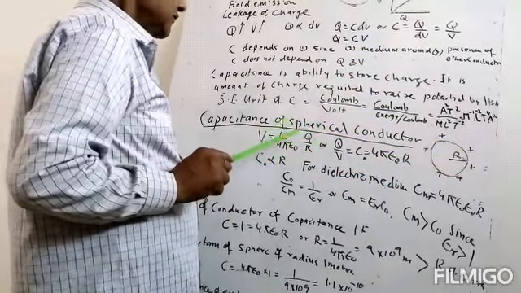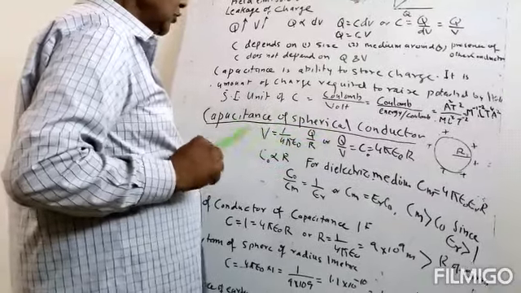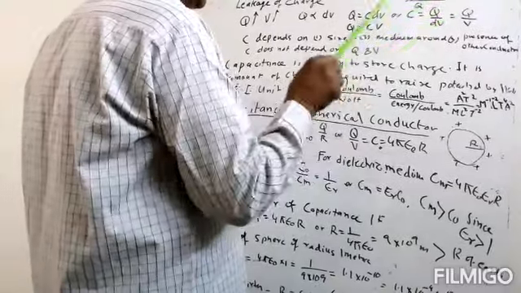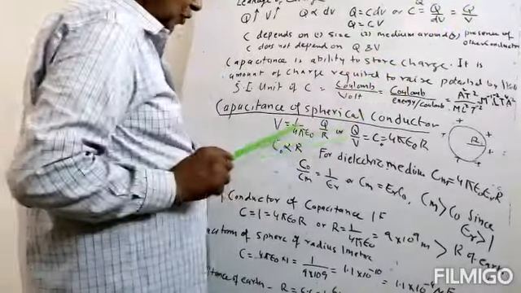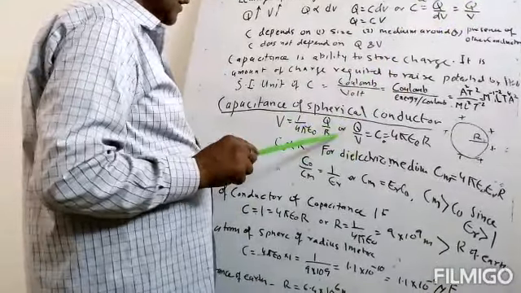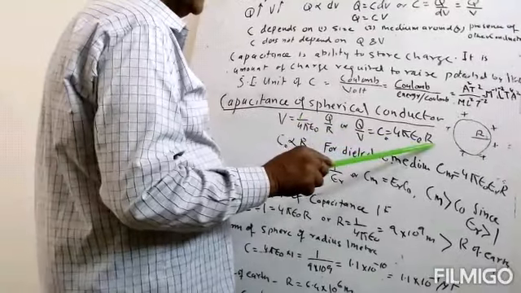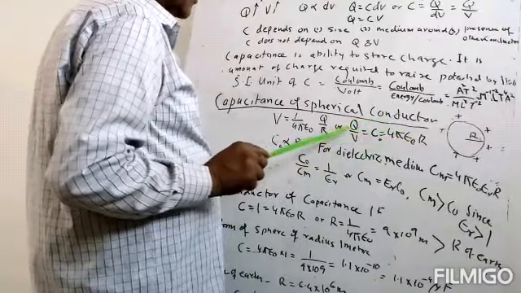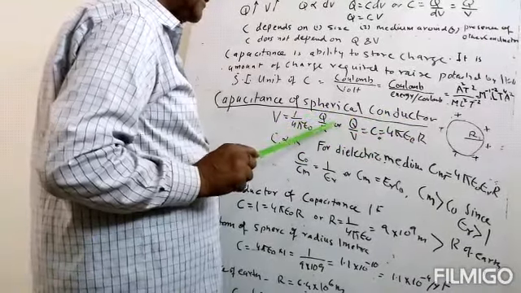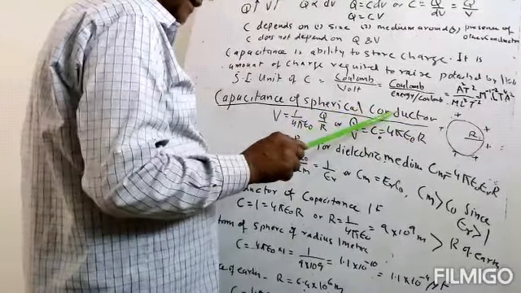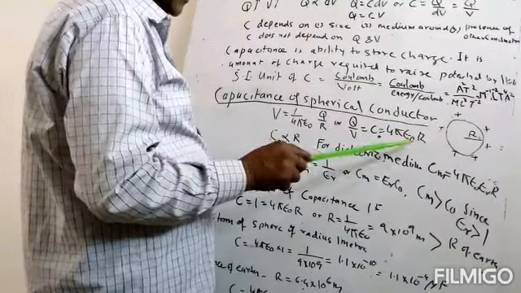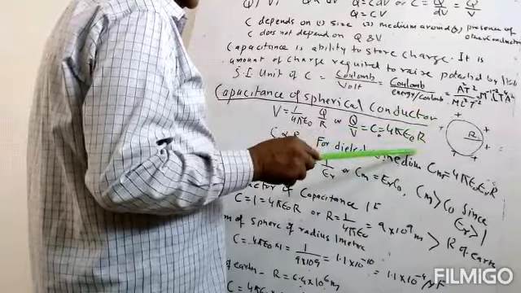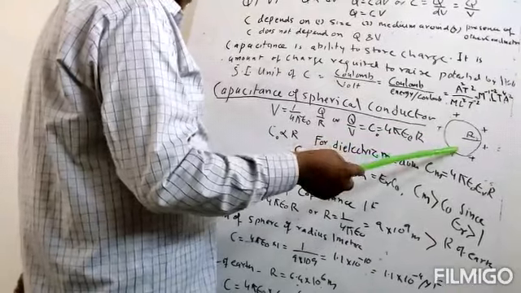So capacitance is equal to Q by V, which will be equal to 4 pi epsilon 0 R. So 4 pi epsilon 0 is a constant quantity. So the capacitance of the spherical conductor is proportional to the radius. Larger is the radius, more will be its capacitance.